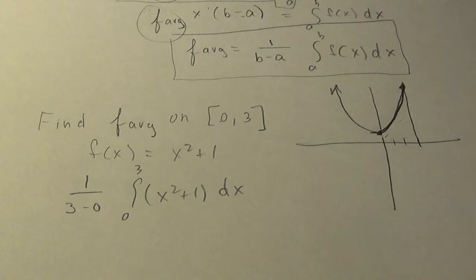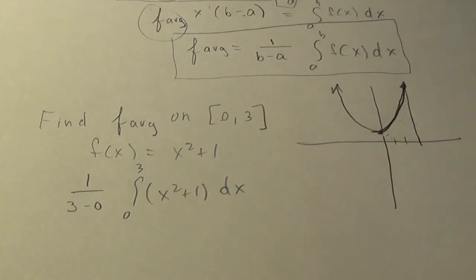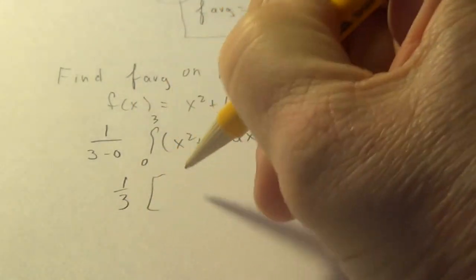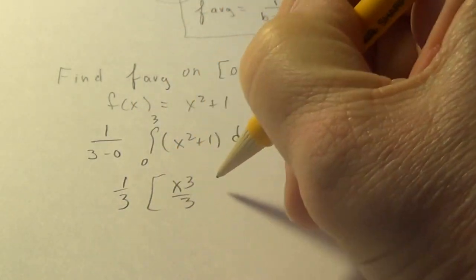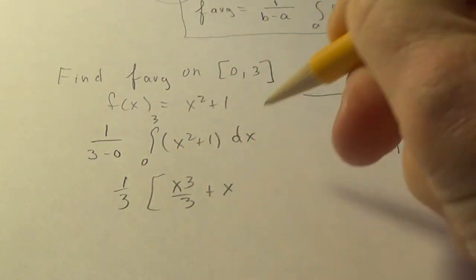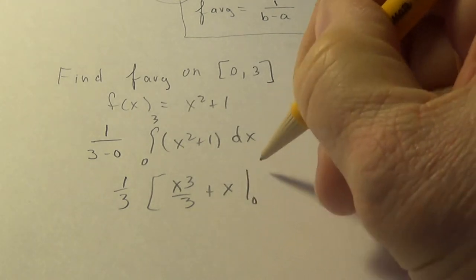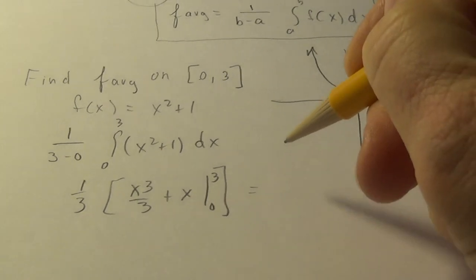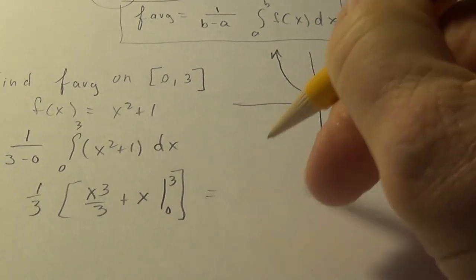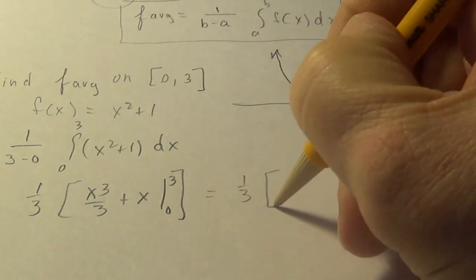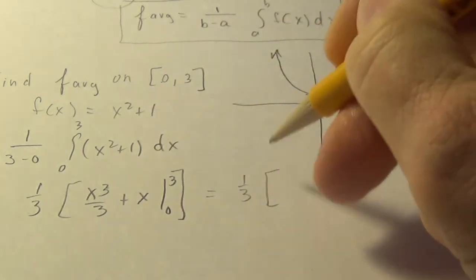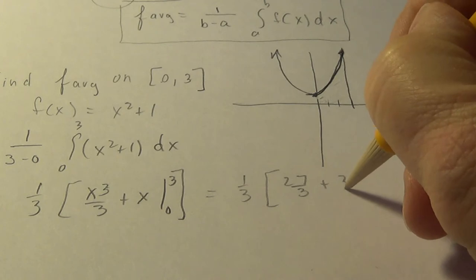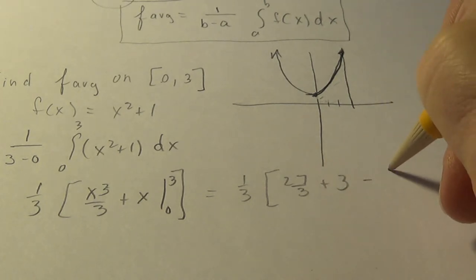Alright, so in integral land we go, and we get 1/3 times x cubed over 3, the integral of 1 is x, and we evaluate that between 3 and 0, and then just a little cranking. 3 cubed is 27 over 3, and then we subtract.